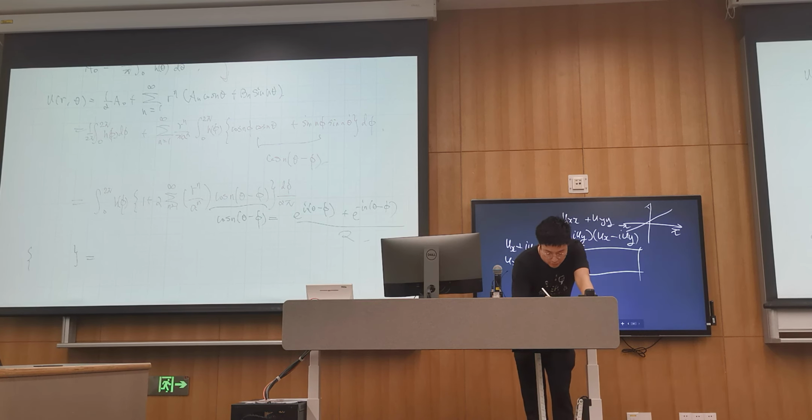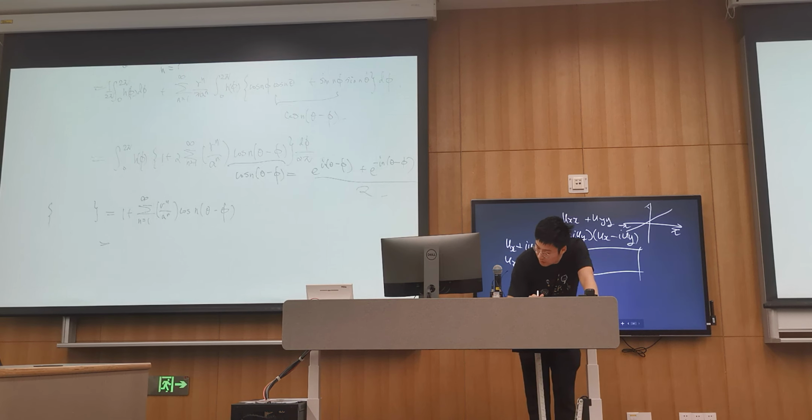It equals 1 plus the sum from n equals 1 to infinity of (r over a) to the n times cosine n(theta minus phi).